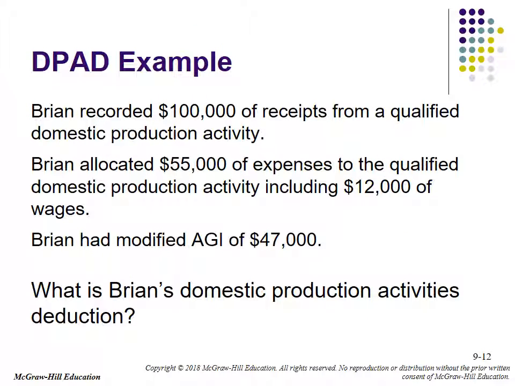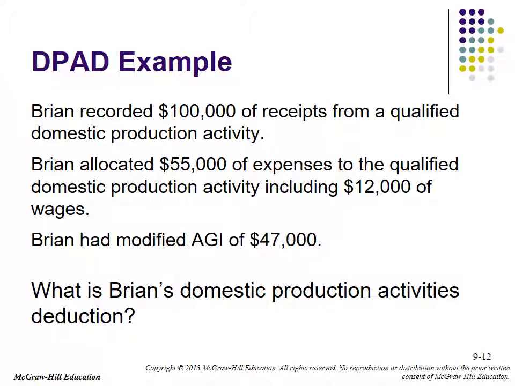So let's look at an example. Brian recorded $100,000 of receipts from a qualified domestic production activity. Brian allocated $55,000 of expenses to the qualified domestic production activity, including $12,000 of wages. Brian had modified AGI of $47,000.